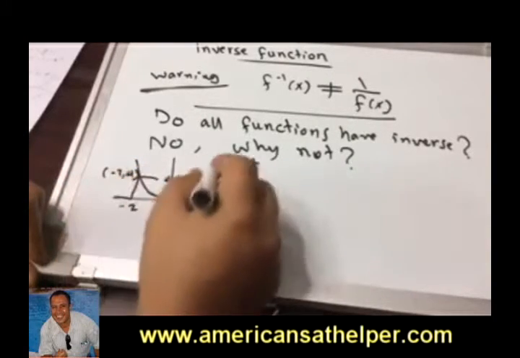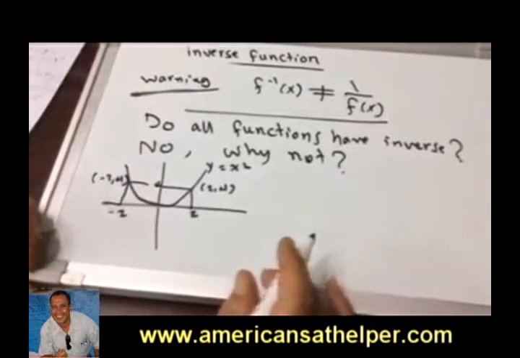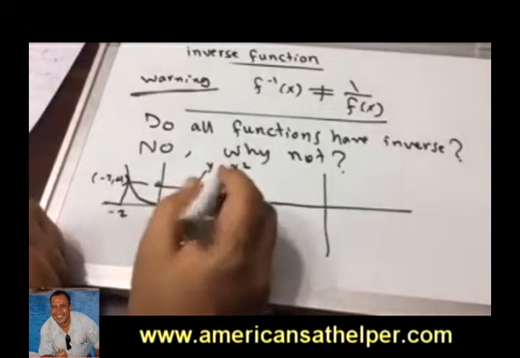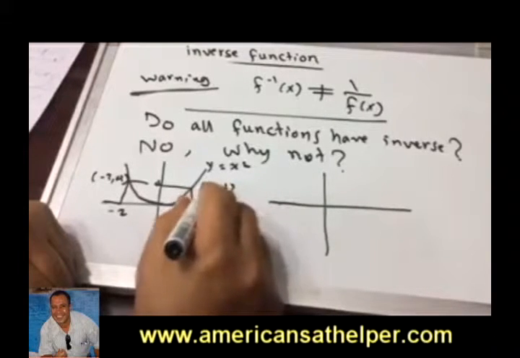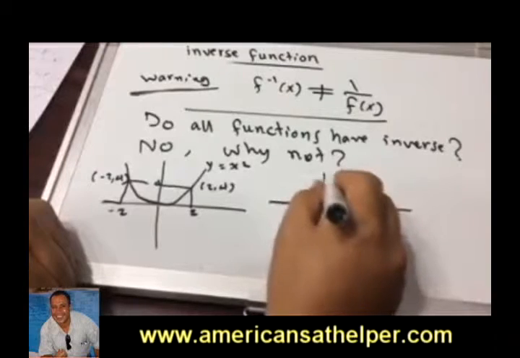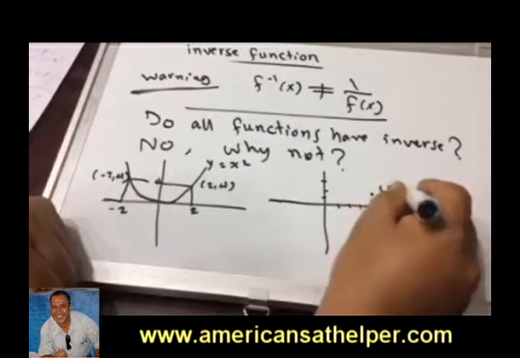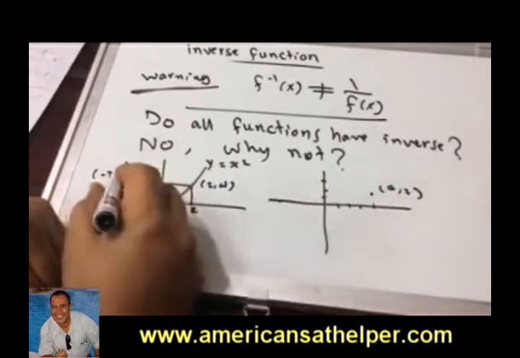If you try to find the inverse function, let's draw it. If we put 2 and 4 on the inverse function, you have to switch the two numbers. 2 and 4 will become 4 and 2. And the point minus 2 and 4 will become 4 and minus 2.